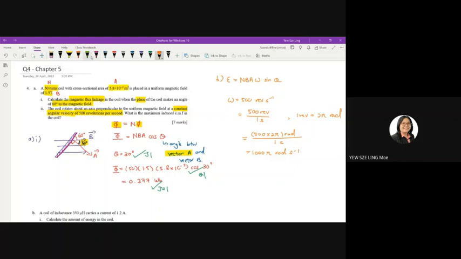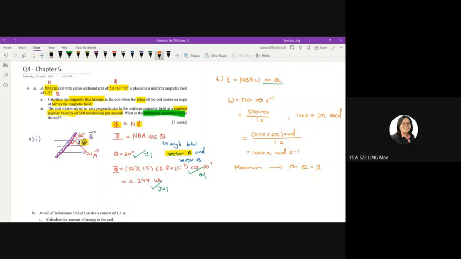The next important thing in the question is that it mentioned maximum induced EMF. Go back to the equation: you have sine theta. When we talk about maximum value, we always assume sine theta equals 1.